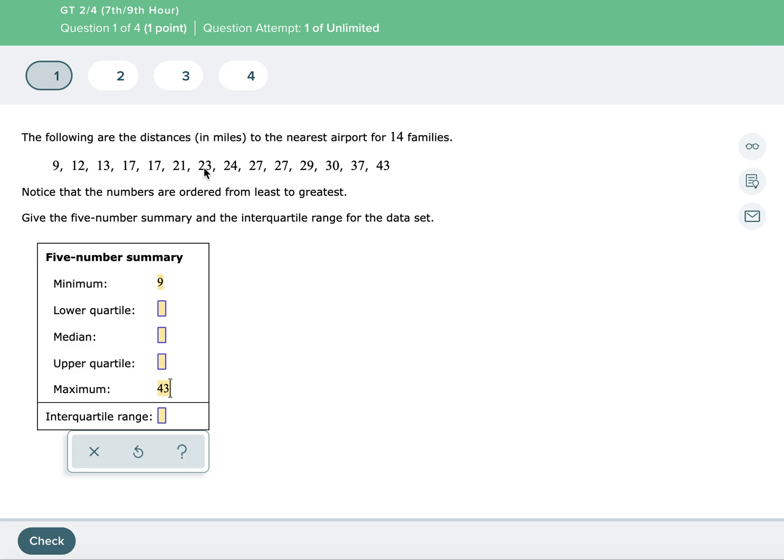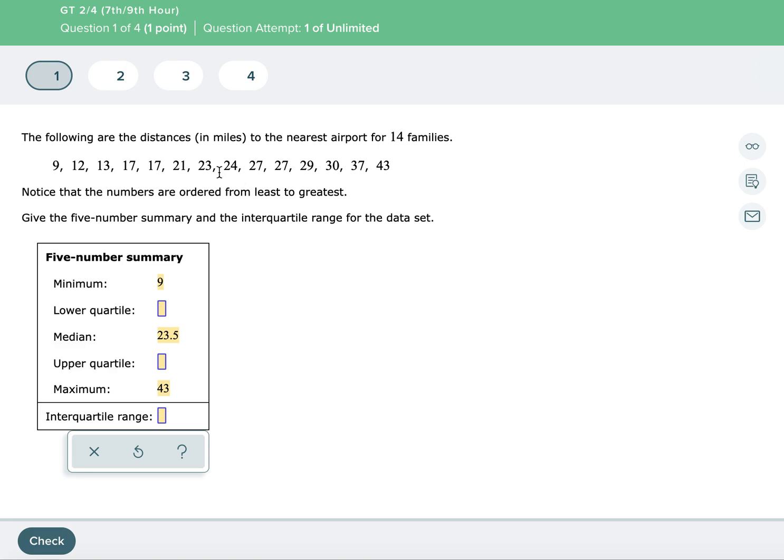If you can't just look at this and say it's 23.5, because that's halfway between 23 and 24, that's okay. The method is you go 23 plus 24, which is 47, and then divide by 2. You can do that in a calculator, and you would get 23.5. So our median's 23.5.